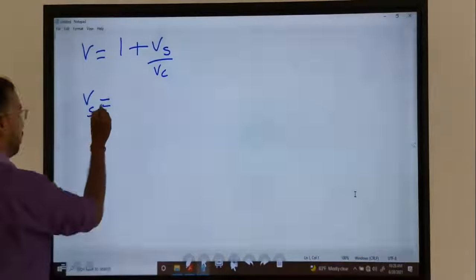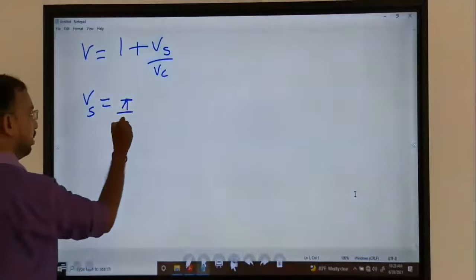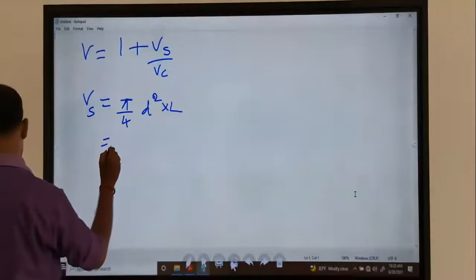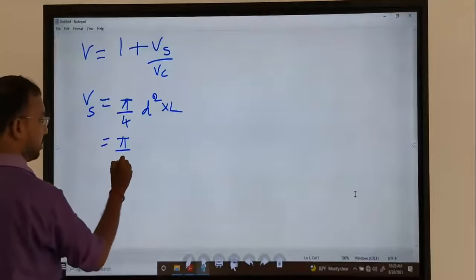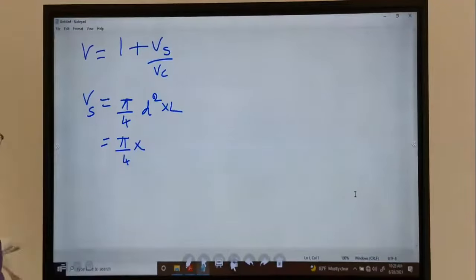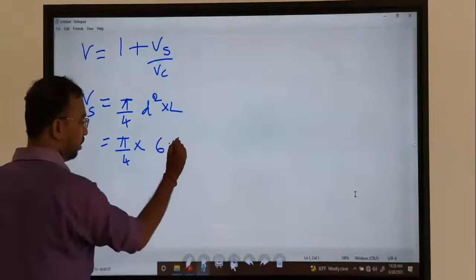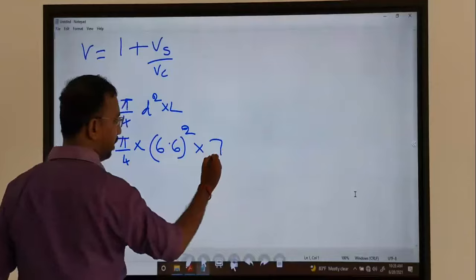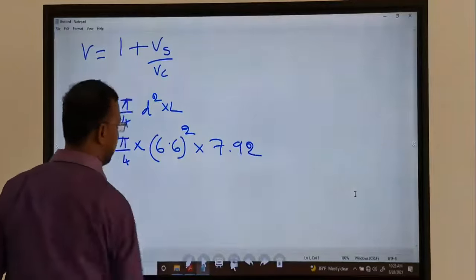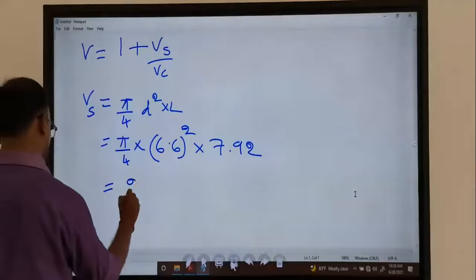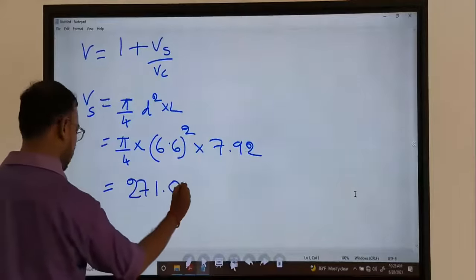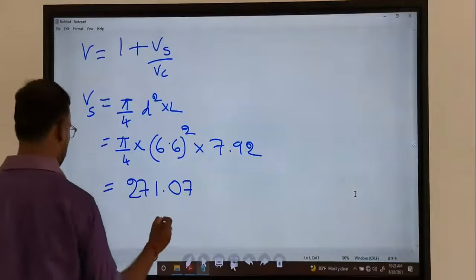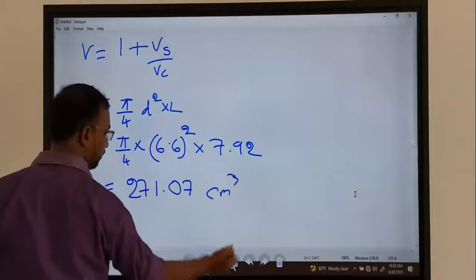Stroke volume is pi by 4 into d squared into L. Here we use centimeters, so 6.6 centimeter and 7.92 centimeter, which gives 271.07 centimeter cube.